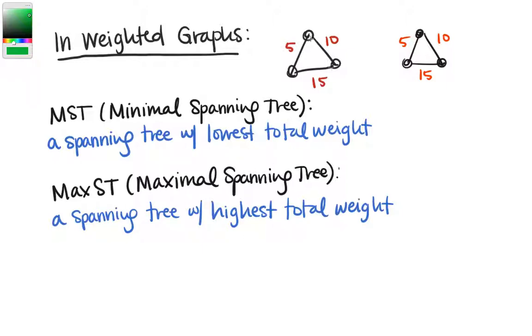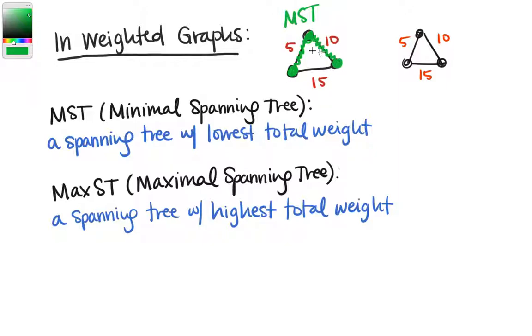Well, here we have a really simple weighted graph, the same one drawn twice. And let's think about a spanning tree is just going to be any 2 of these edges. And if we're looking for an MST, a minimal one, well, let's just pick the ones with the lowest weights. So 5 and 10 is 15.